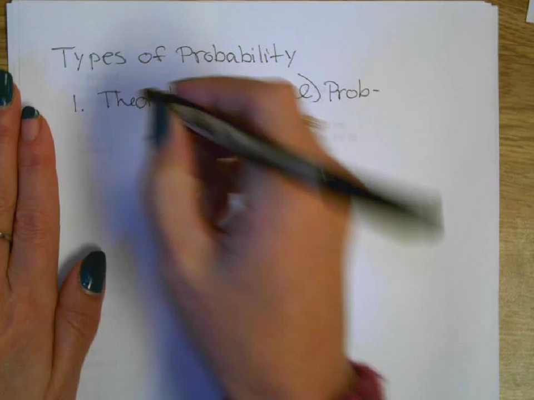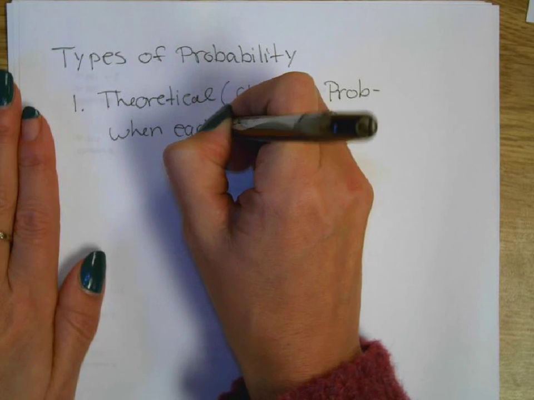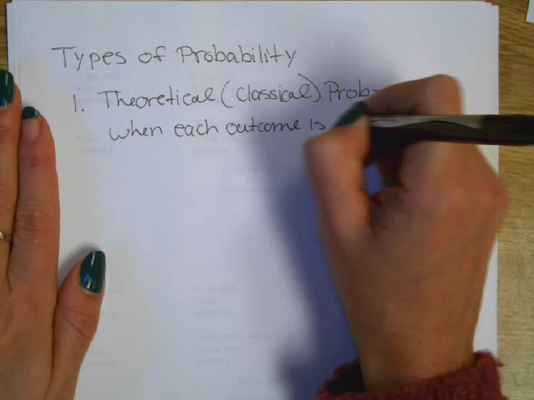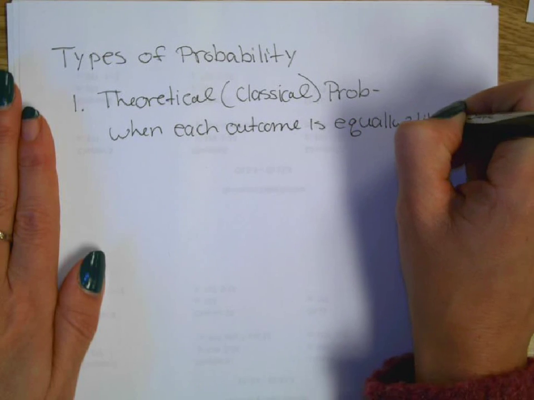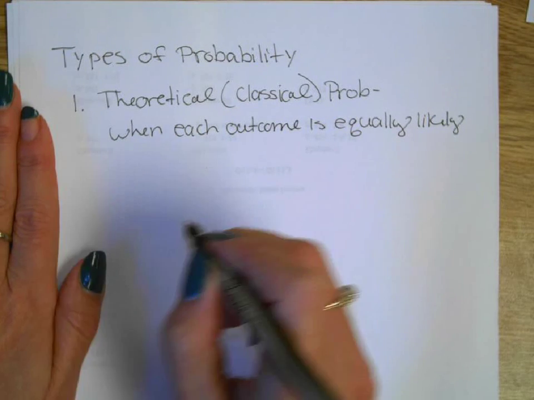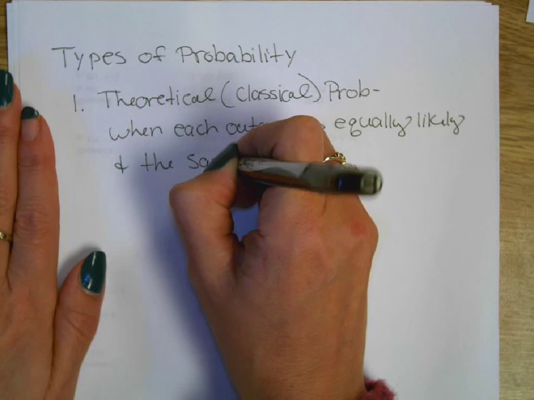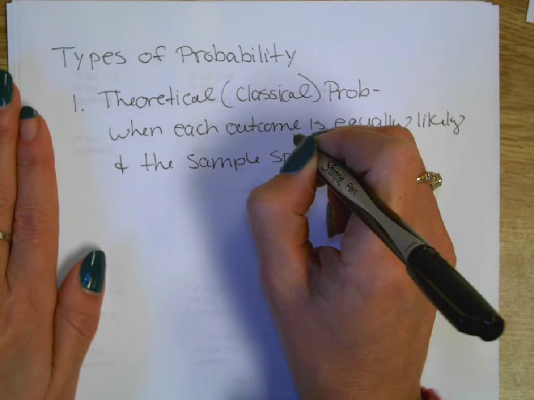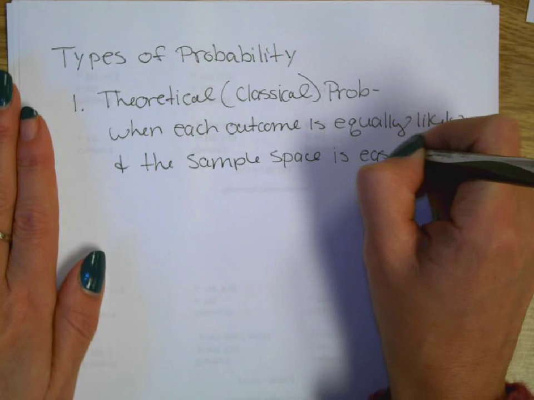We use this when each outcome is equally likely and the sample space is easily counted.